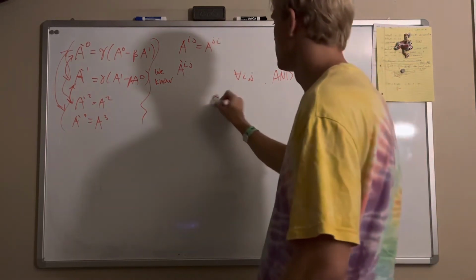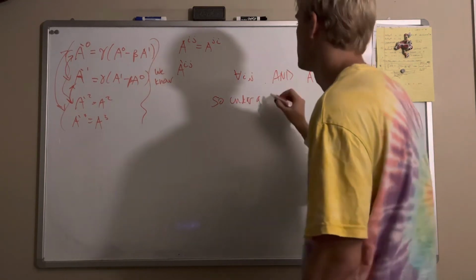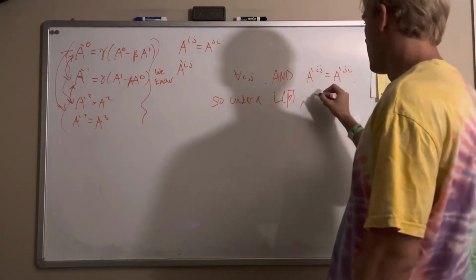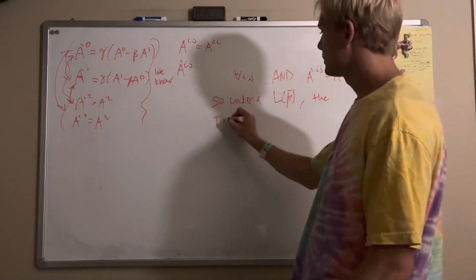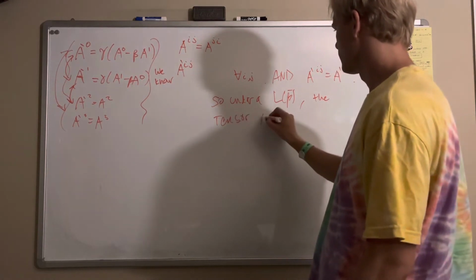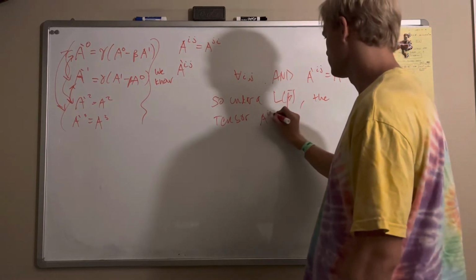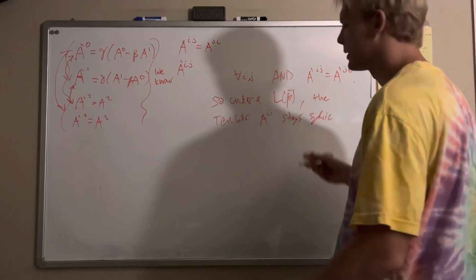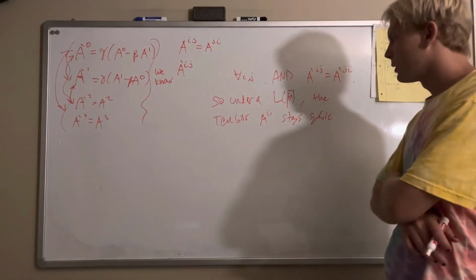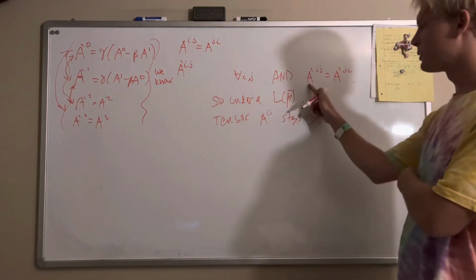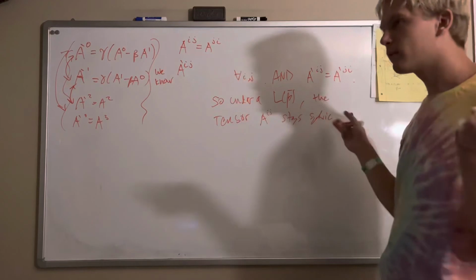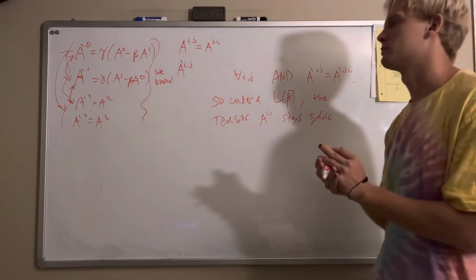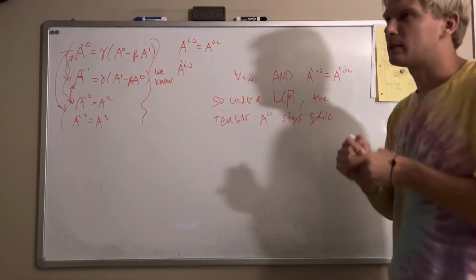So under a Lorentz transformation, the tensor stays symmetric, or keeps its symmetric property, aka this holds. This will hold if we know it's symmetric in the original coordinates, and we're using a Lorentz transformation. Okay, so that's about it for this video.